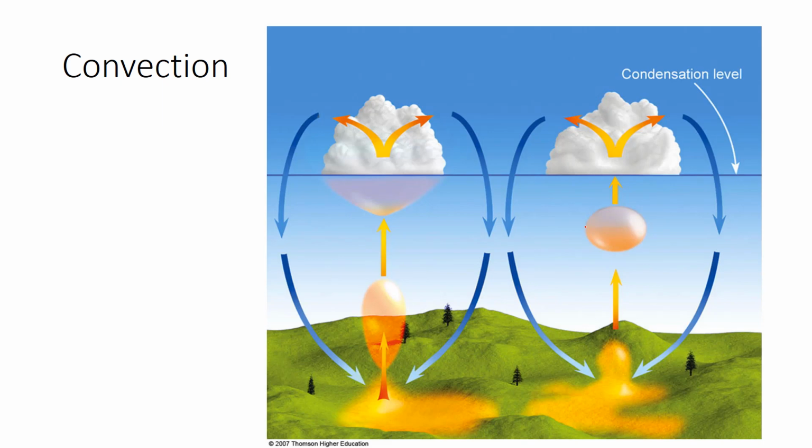Finally, the last one is what's called convection. And convection is basically when air warms near the ground, it then rises. So now there's no other mechanism pushing the air up. There's no front, there's no mountains, there's no topography, there's no low pressure, it's just a normal day. And the air right near the ground gets really hot.